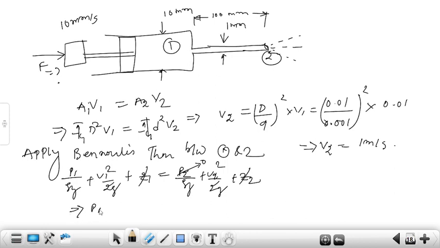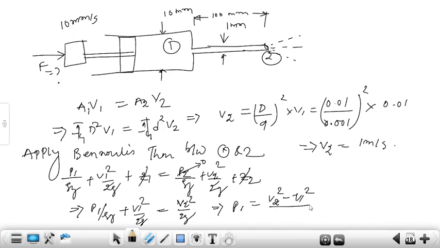Next we have to find P1 by rho g plus V1 square divided by 2g equal to V2 square divided by 2g. This implies that P1 is equal to V2 square minus V1 square divided by 2g, into rho g.